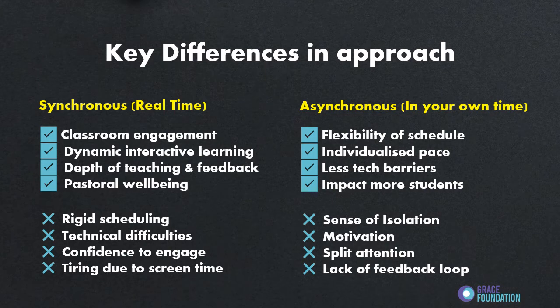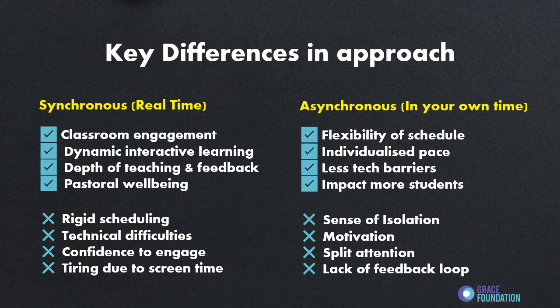So as I said, there's not necessarily one best way of doing this, but there are some differences in the approaches. Synchronous real-time learning, what teachers have found, and this is from research done by some of the big unions and from the government themselves, is that it's actually been quite good for classroom engagement. You can get dynamic, interactive learning happening in an online fashion.